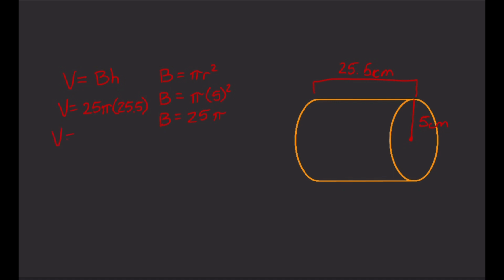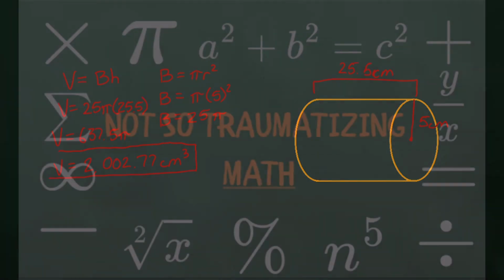So volume equals 25 times 25.5 gives us 637.5 pi. And then I'll multiply it out here for my final answer. 637.5 times pi gives us 2,002.77 centimeters cubed. So that would be roughly the volume.